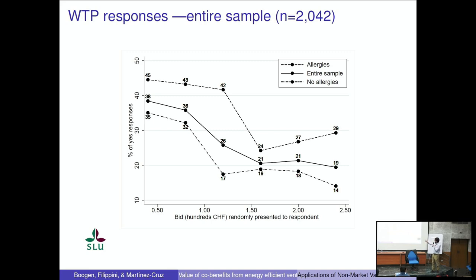We have 1, 2, 3, 4, 5 bids. 1, 2, 3, 4, 5, 6 bids. And the last 3 bids are gathering me practically the same information. 21% or 20% of the people to the 3 last bids say yes.